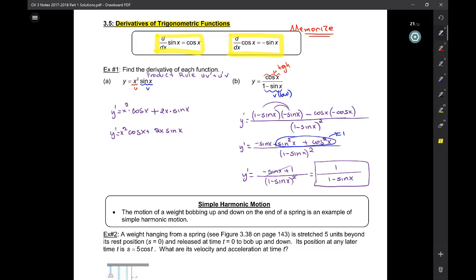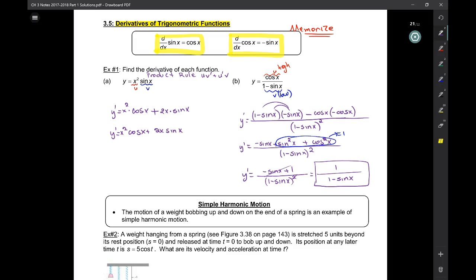So when you see a problem, you have to look at what you have. Now that we've introduced the trig functions, what you have to watch out for is, does this have trig and polynomial mixed with each other? Most of the time you're going to have a product rule or a quotient rule. Otherwise, it's too boring of a problem.